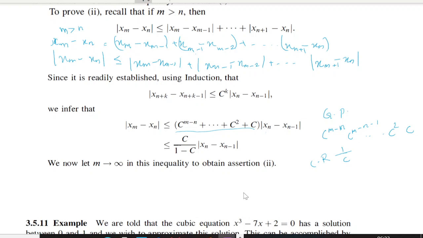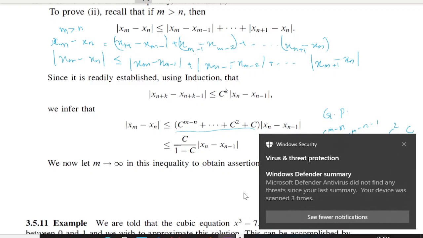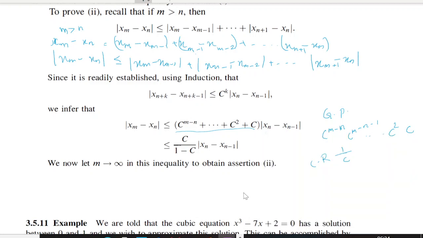Now, we know the sum of n terms of a geometric progression too. And we can replace this with an infinite geometric progression, right? So when you are replacing that, its sum is going to be c by 1 minus c. So this entire value is less than or equal to c by 1 minus c into |x_n − x_{n−1}|.